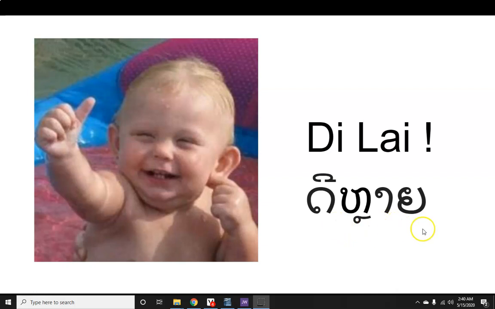D-lie. D-lie. Very good. So D means good and lie means a lot. A lot of good. So very good. We would say in English, very good. We wouldn't say a lot of good unless you're saying that does a lot of good. But if you're telling someone they did a good job, of course we're going to say D-lie, very good. Okay, so very good, you guys.